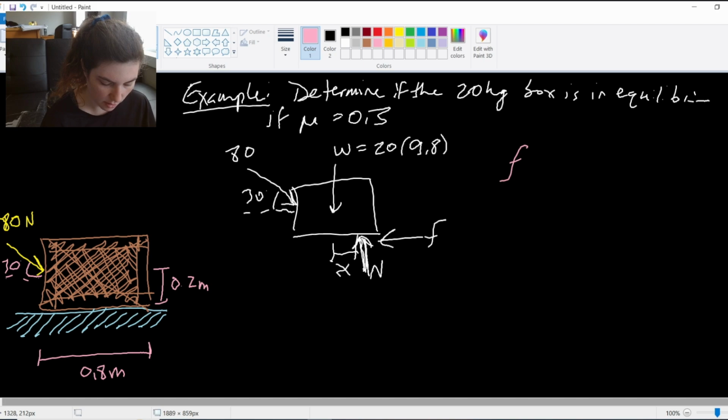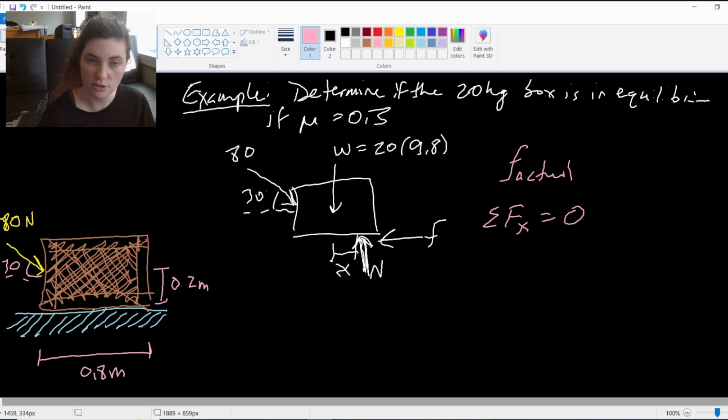So to find our F actual, our actual frictional force that this thing is experiencing, we're going to use our equilibrium equation, which is fairly straightforward, right? We just do our summation of forces in the x direction, and that gives us our frictional force. So the sum of forces in the x direction is going to give me negative friction force plus the x component of that 80 Newton applied force.